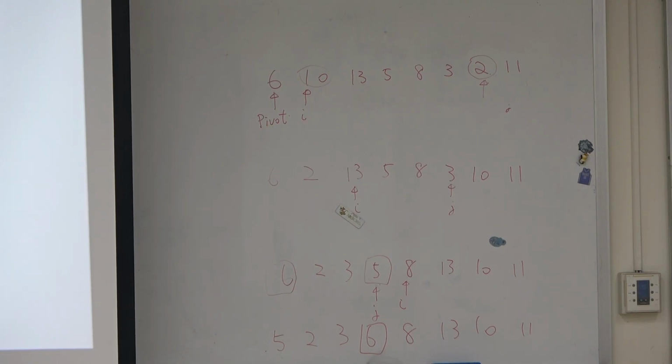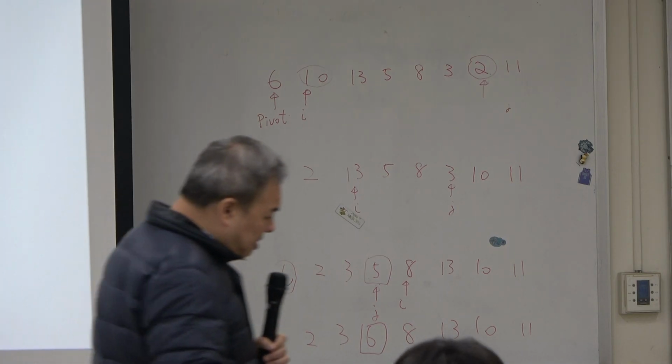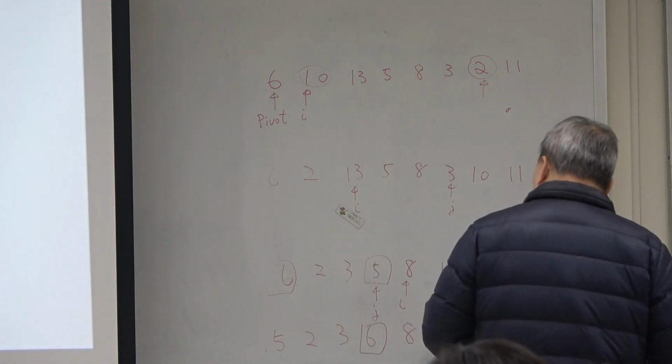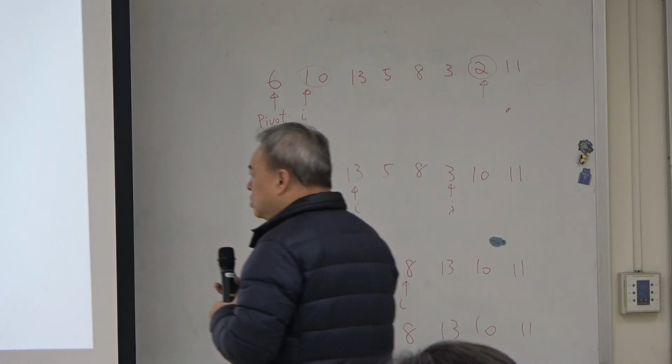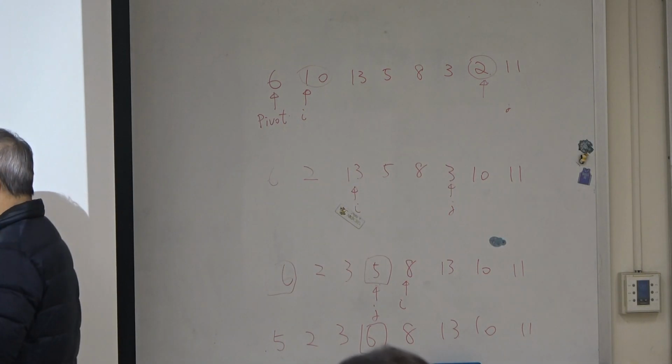This way, it makes our discussion easier. If there are some duplicate input elements, there are actually better partitioning algorithms out there that can make the quicksort algorithm run even faster.